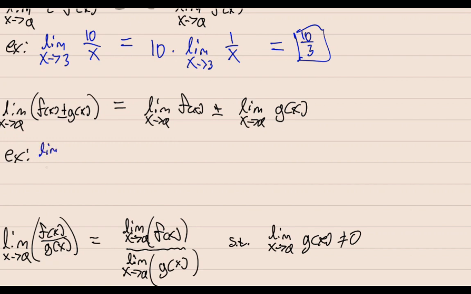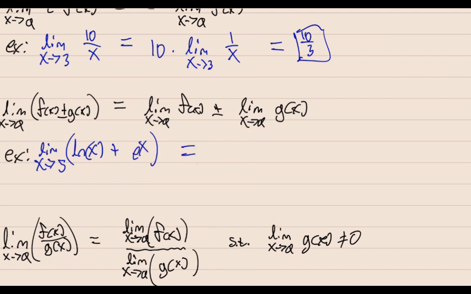Okay, so we have a limit as x goes to, let's go to 5. 5 is a nice number. And then let's look at two functions. I'll look at ln of x, and then plus or minus, let's do plus, and let's look at e to the x, very nice.